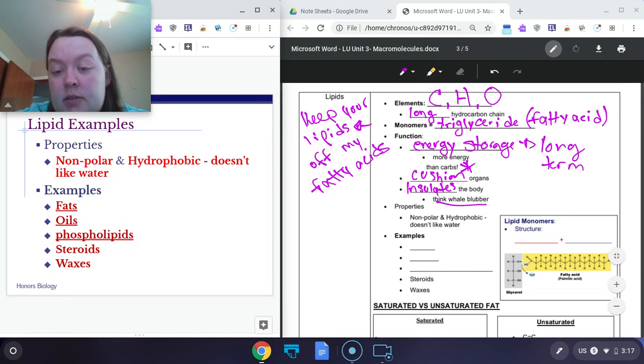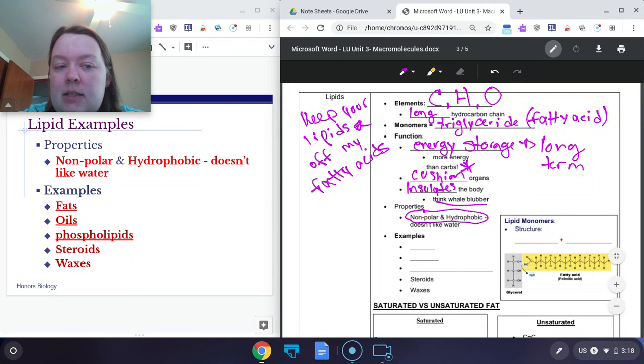Some properties of lipids. They are nonpolar and hydrophobic, meaning they don't like water. So we talked in our last video about the properties of water, and we said that anything that is not polar is hydrophobic, therefore does not mix with water.